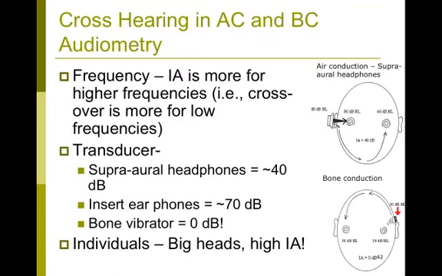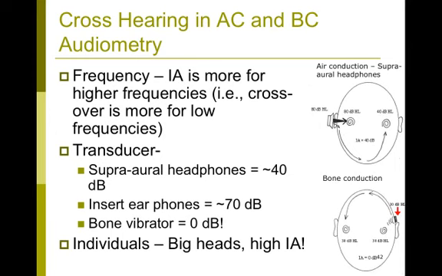So interaural attenuation and cross hearing depend on some factors. One would be the frequency. Just as we talked about in acoustics, lower frequencies can travel longer distances because they can go around objects, and such is the case for sounds that you test through pure tone audiometry also.